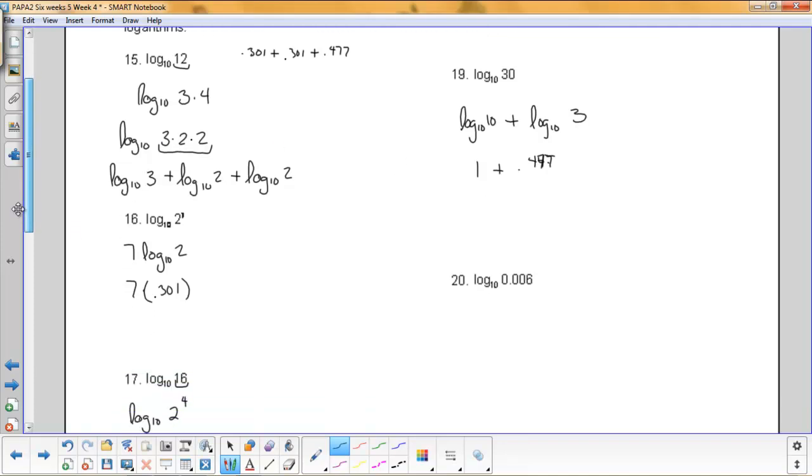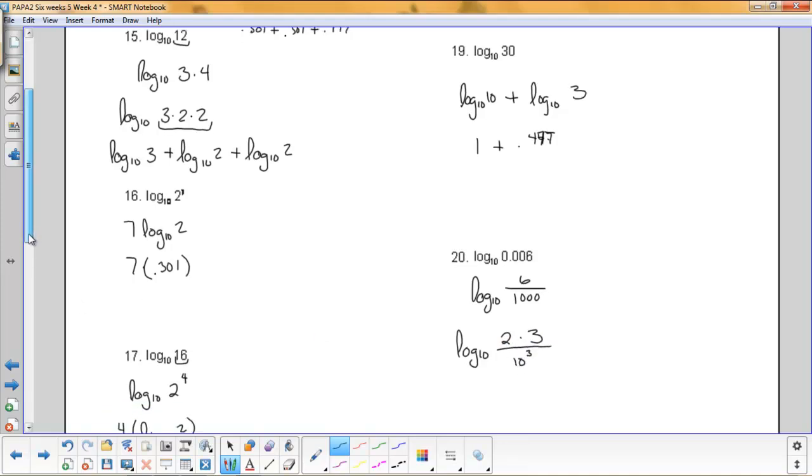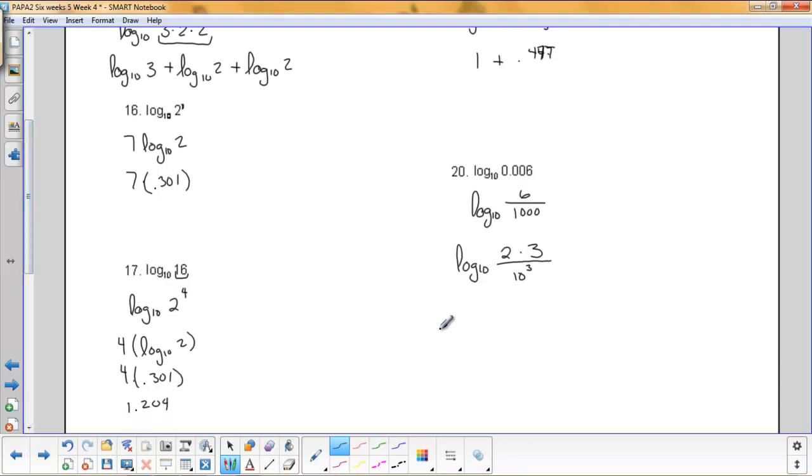Now in this problem, we're going to take a look at it from a slightly different point of view. This is 6 thousandths, so I'm going to return this to its fraction form, 6 over 1,000. And now I'm able to determine what this answer is. So that's going to be log base 10 of 2 times 3 divided by 10 to the third power. And there are my numbers that I can use.